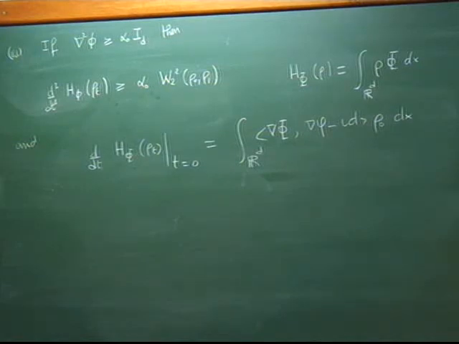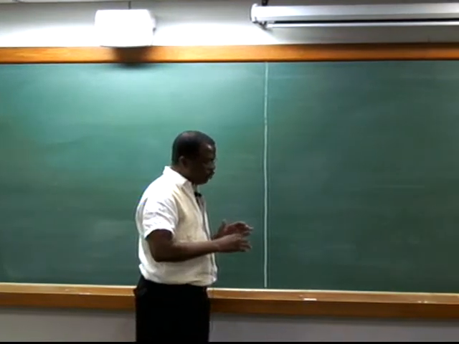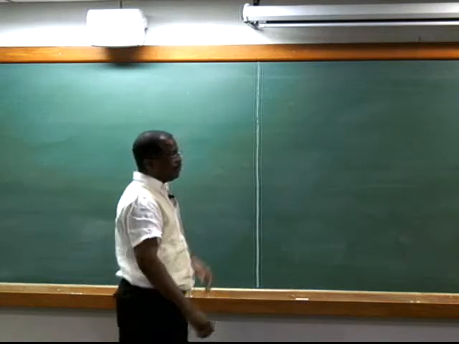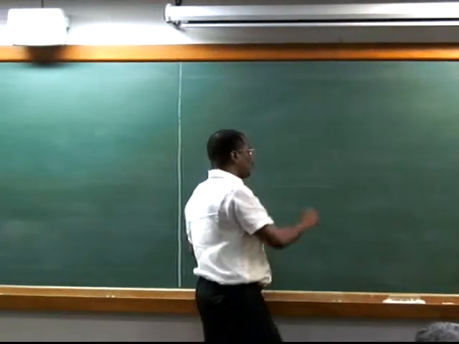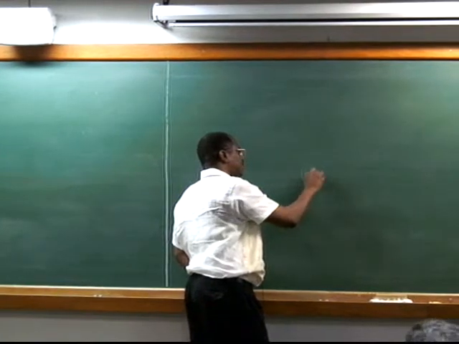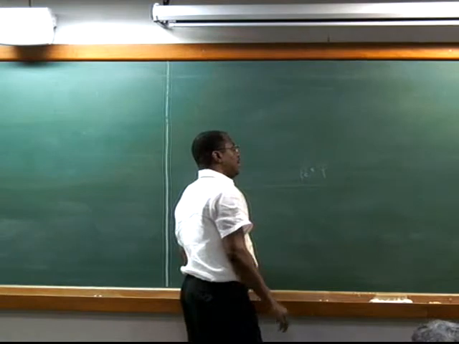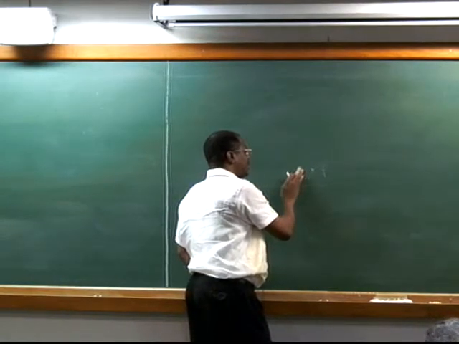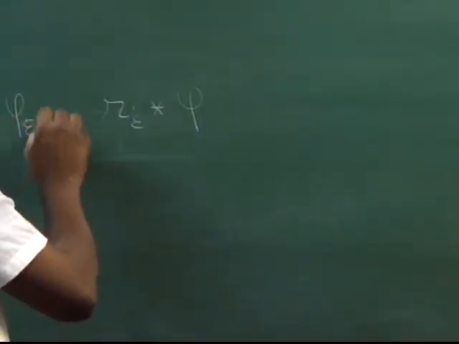So in order not to be very technical, I am going to assume that phi, this convex function, is of class C2. If it is not of class C2, this is what you do. You modify that, and then call this phi epsilon.